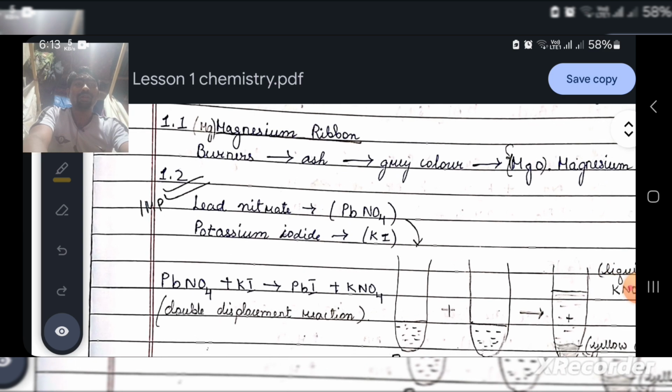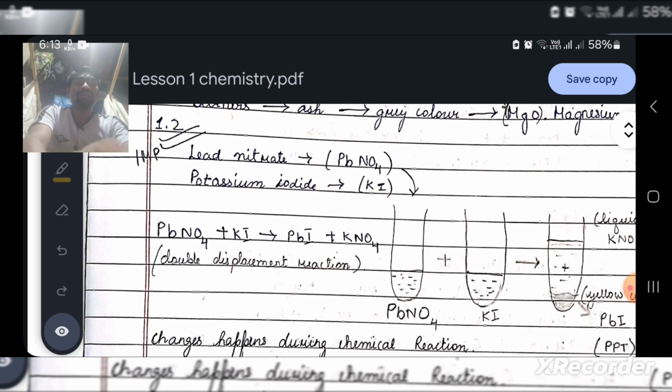Look, there are three test tubes: test tube A, B, and C. If you go with the book, you can look. In test tube A, there is lead nitrate.